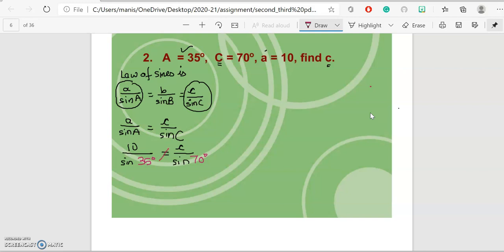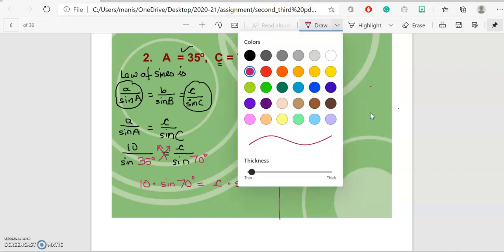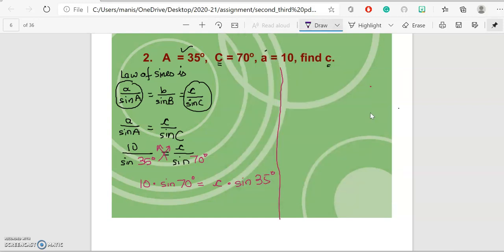Now after this step, what you do is you cross multiply. When you cross multiply, it will be like this: 10 times sine 70 degrees is equal to c times sine of 35 degrees. Now, what value do we have to find? We have to find the value of c. So I will make sure this is isolated, this is alone.